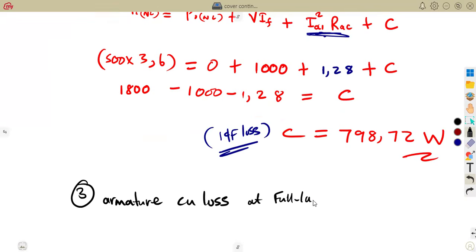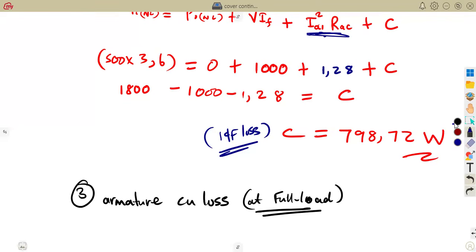So that's how you answer this type of question. You just need to find all the losses, all these three losses that you are given. Like I said, this is at full load. So what is going to be the formula?